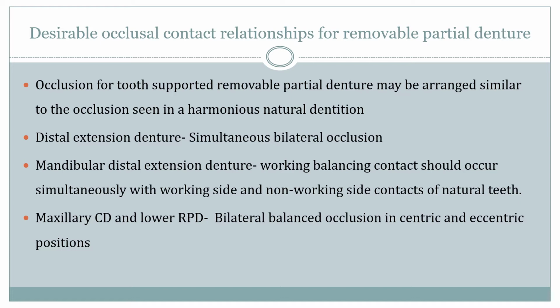The side to which the jaw is moving is the working side, and the side from which the jaw is moving away is the non-working side. So in your mandibular distal extension denture, the working balancing contact should occur simultaneously, and in the non-working side also there should be contact between your upper and your lower teeth.